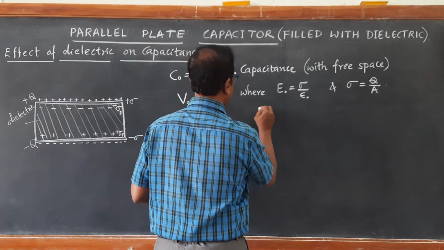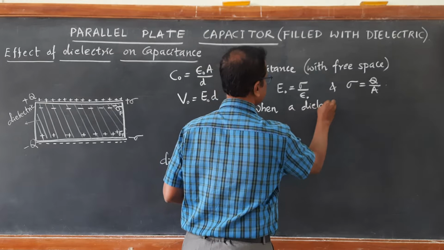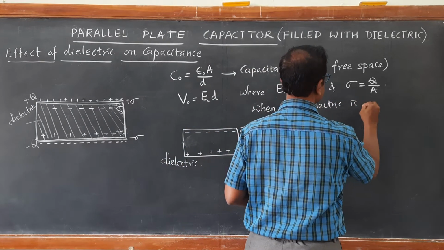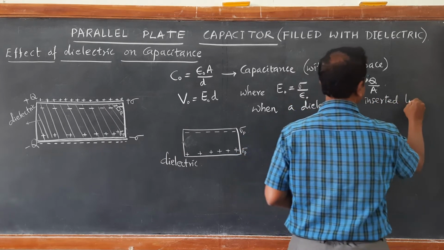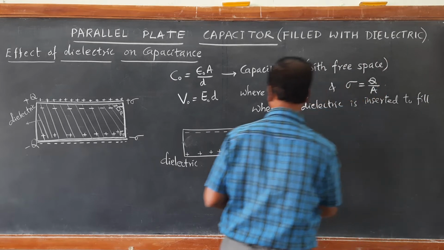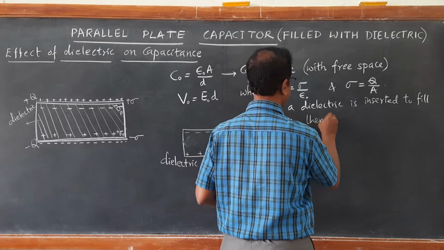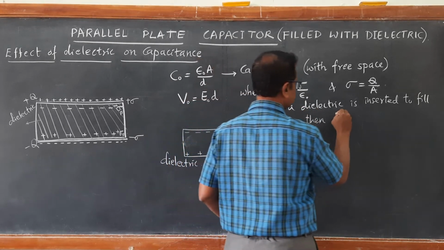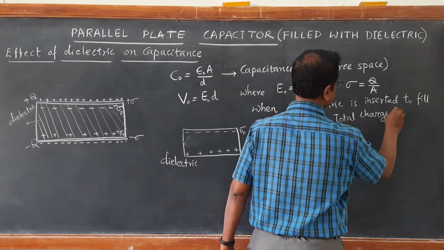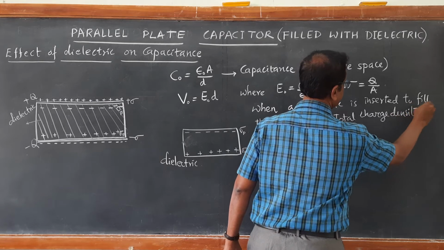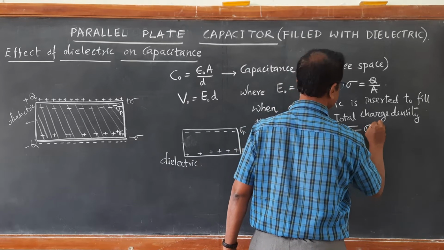So, when a dielectric is inserted to fill the gap, then the total charge density now becomes equal to sigma minus sigma p.